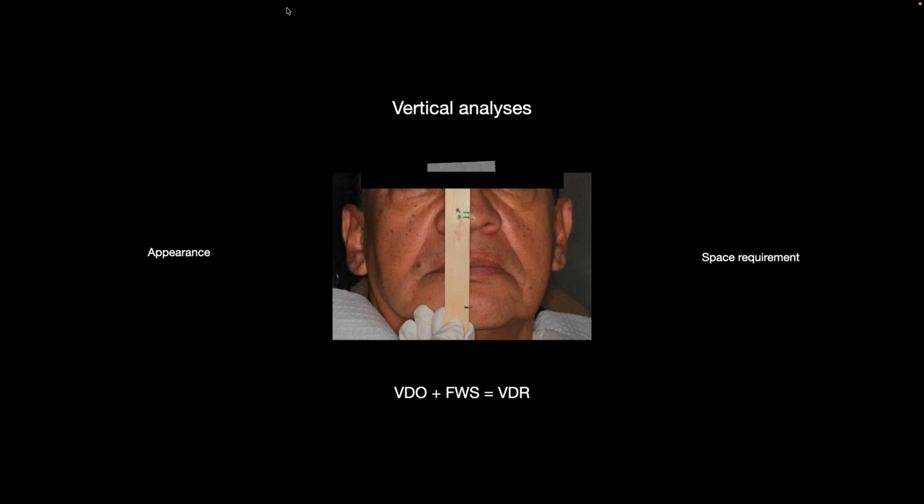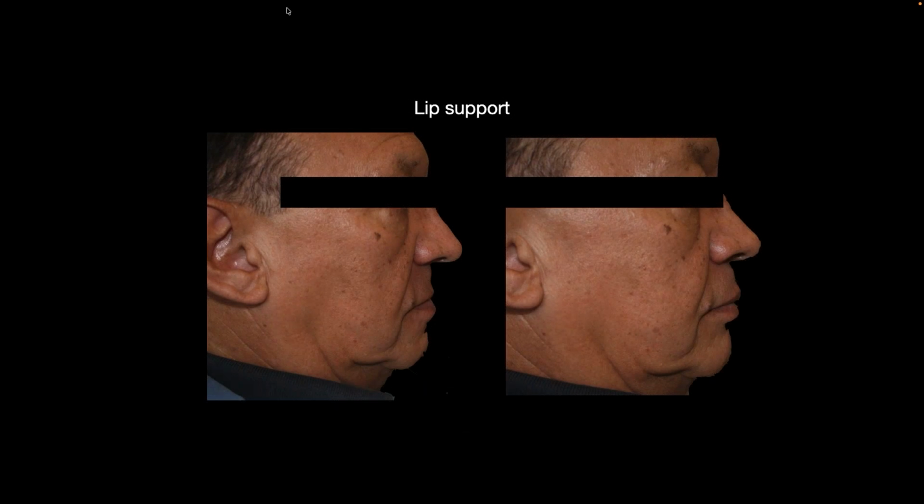But we have guidelines. Thank God for guidelines, okay? And the guidelines, we all know it. The vertical dimension of occlusion is usually 3 millimeters on average, 1 to 3 millimeters less than the vertical dimension at rest. Okay. So that's one of the principles in Pound's definitions.